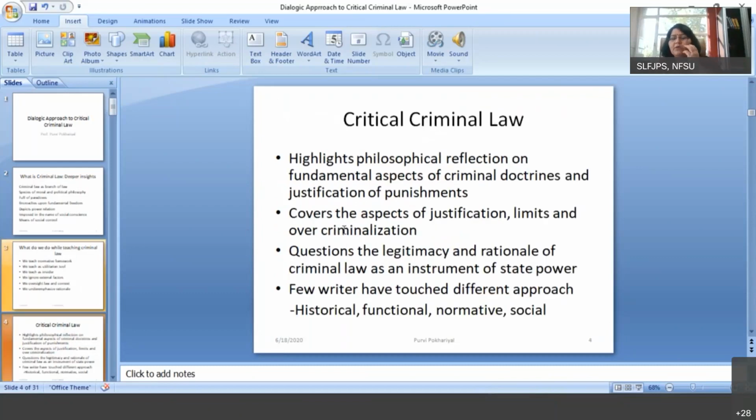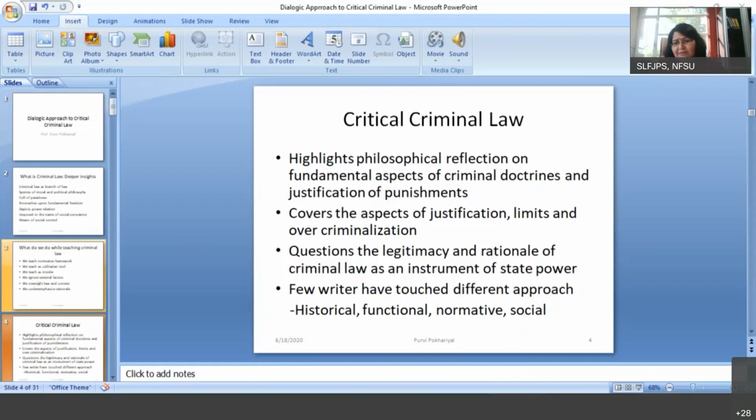So when we talk about critical criminal law, I feel that it highlights the philosophical reflection on the fundamental aspects of criminal doctrines, and specifically we try to discuss and deliberate upon punishment. What are its justifications?